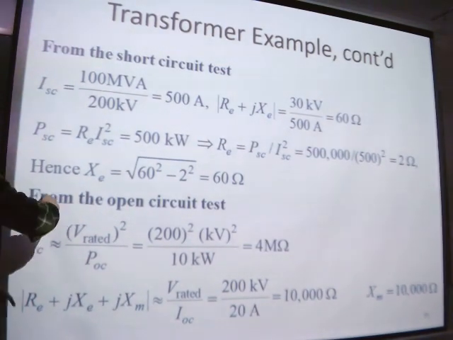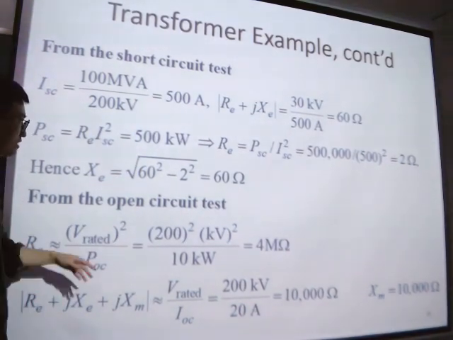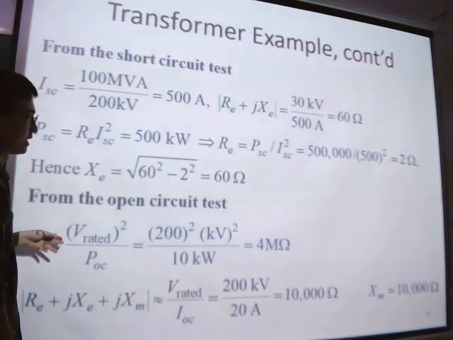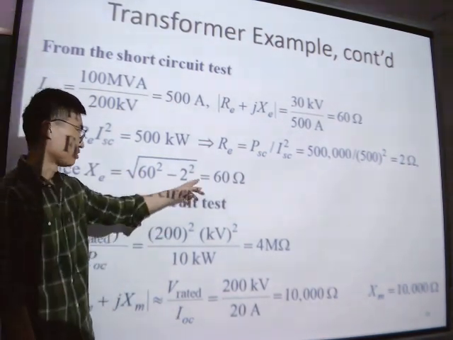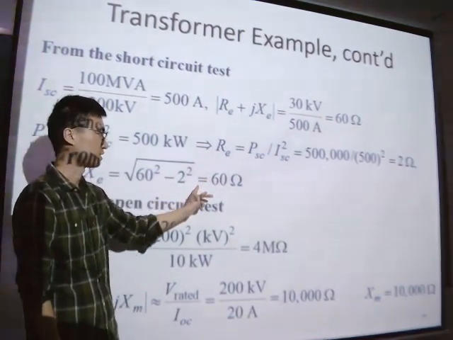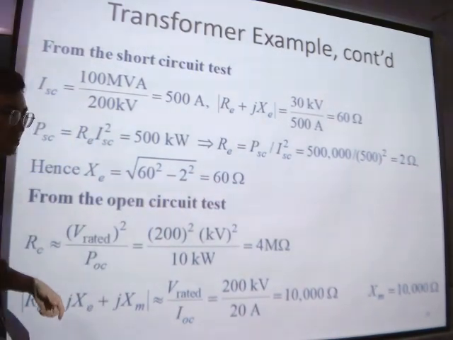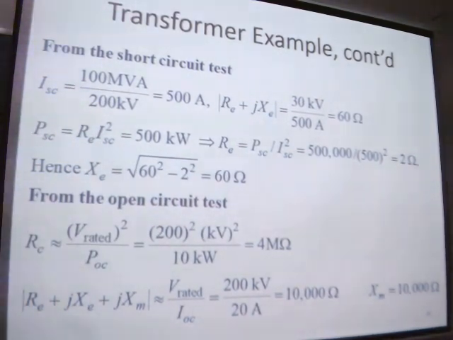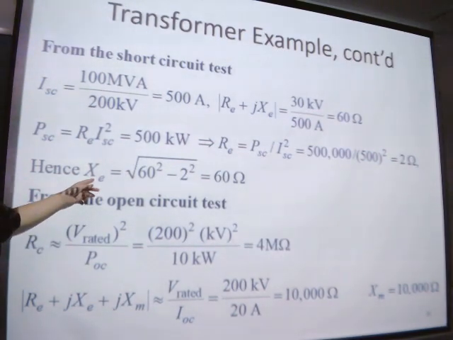You can use this triangle, okay? The triangle of 60 ohm and 2 ohm. This is approximate, okay? So it will not be equal, it should be approximately 60 ohm, because the 2 ohm is quite small, okay? So you see the large part of the impedance of the transmission lines is the imaginary part.